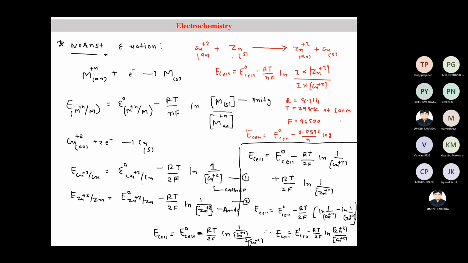Now ln is converted to log by multiplying with 2.303. This is also, you can say, the Nernst equation.